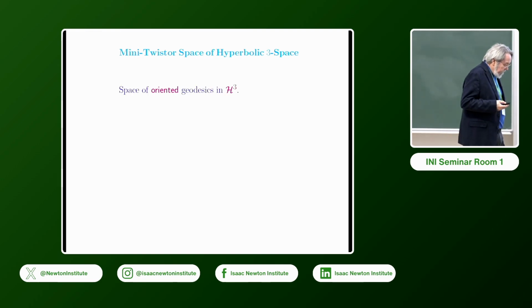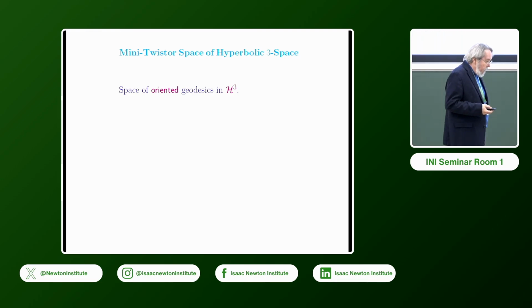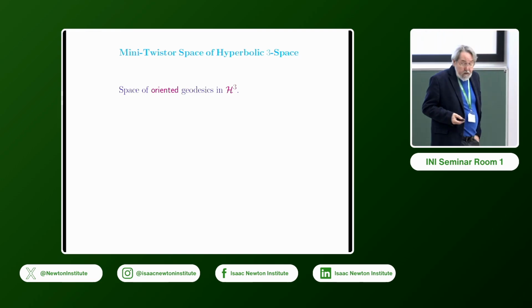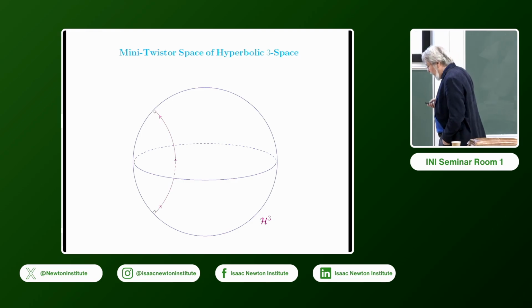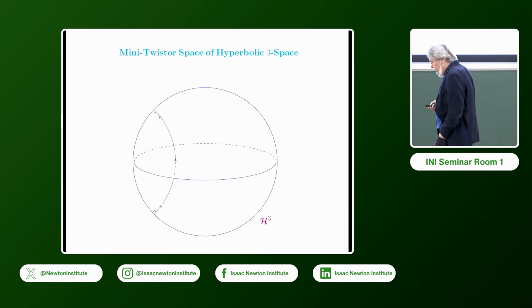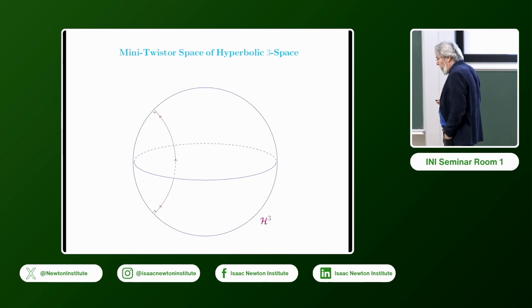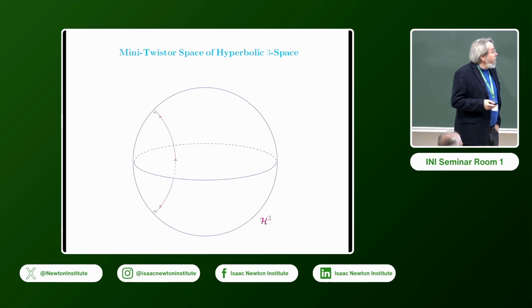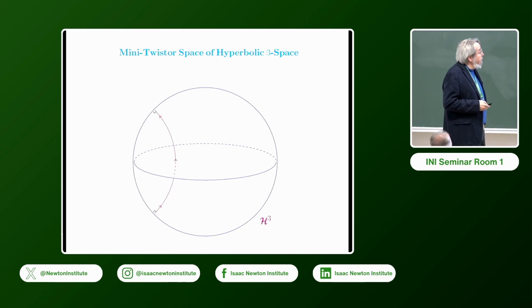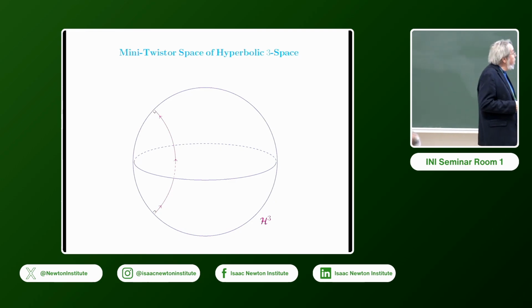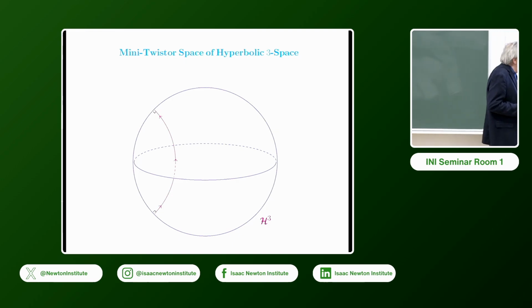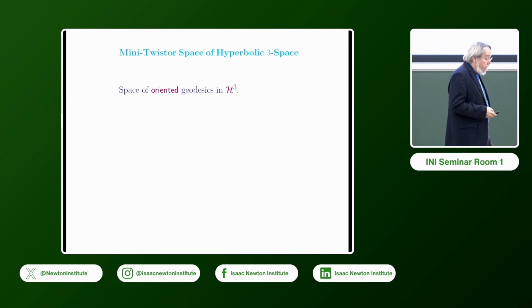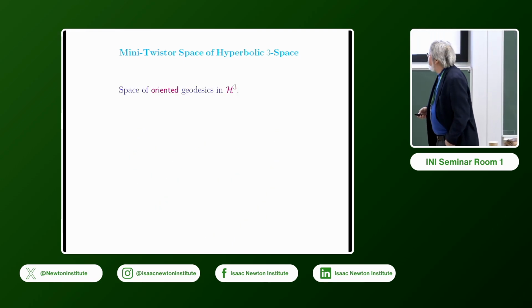From a real point of view, it's the space of oriented geodesics in H3, hyperbolic three-space. If you're trying to parameterize an oriented geodesic, it's enough to know its initial point and its final point at infinity, and those uniquely determine the geodesic.